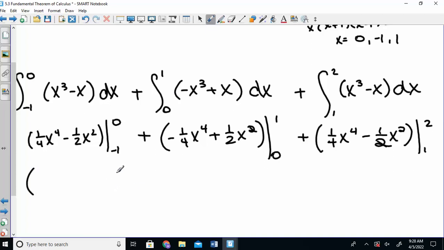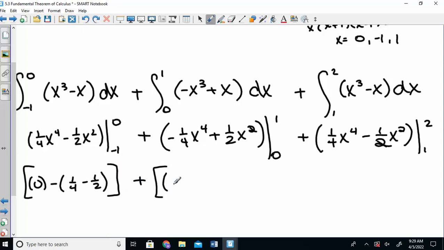So now let's evaluate each of these. If I put in a 0, I get 0 minus, if I put in -1, I get 1/4 minus 1/2, plus, if we put in a 1, we get -1/4 plus 1/2, minus, if you plug in 0, you just get 0.